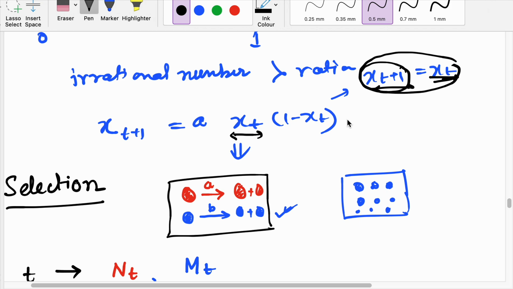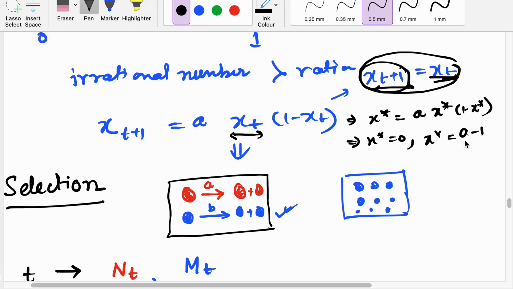So the fixed point satisfies x star = a x star (1 - x star). Here one fixed point is x star equal to 0, and the other fixed point will be x star equal to (a - 1)/a. These are the two fixed points here.